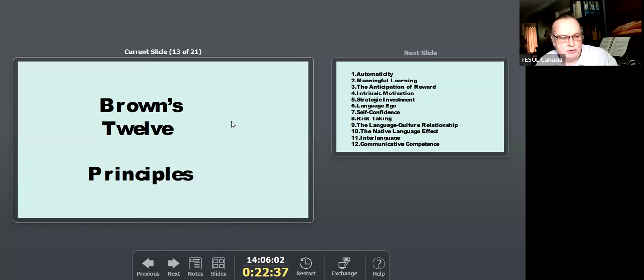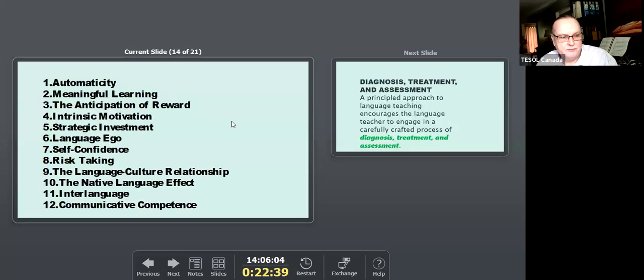And Brown had 12 principles: automaticity, meaningful learning, the anticipation of reward, intrinsic motivation, strategic investment, language ego, self-confidence, risk-taking, the language-culture relationship, the native language effect, interlanguage, and communicative competence.